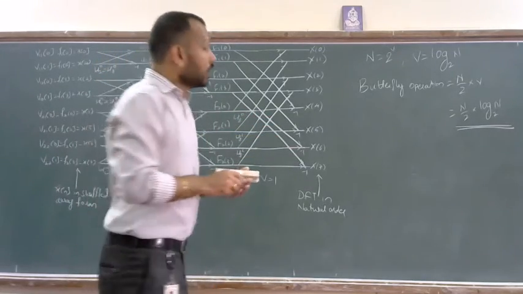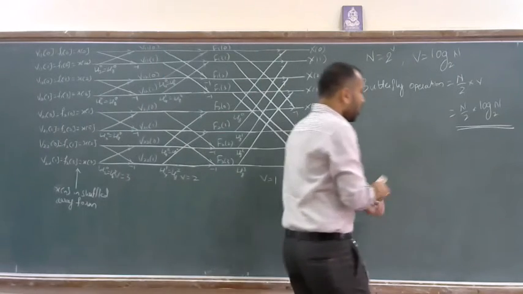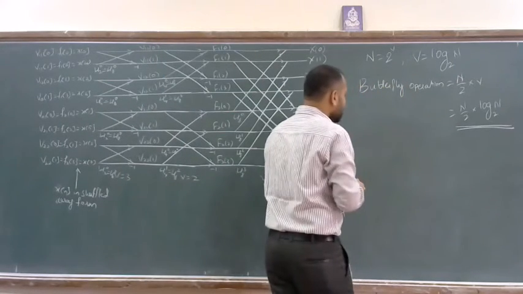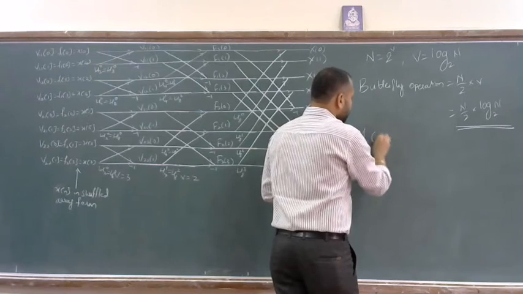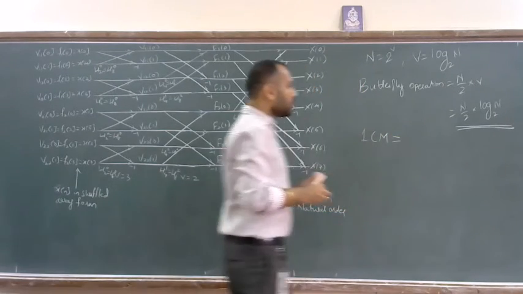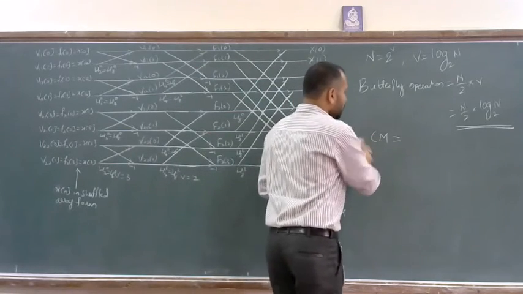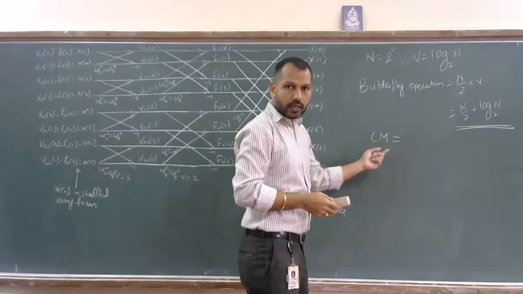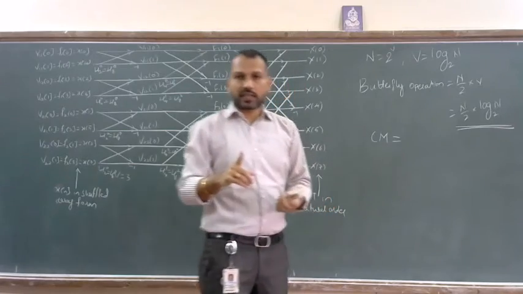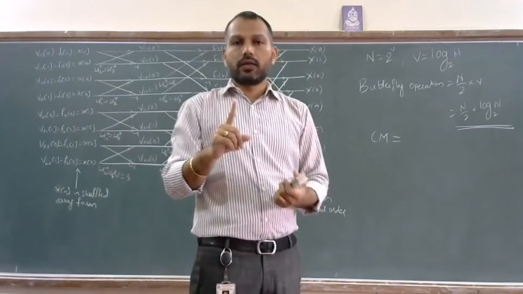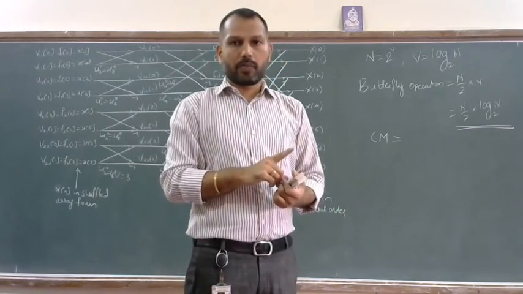Okay. So based on this, how many complex multiplications are required? CM stands for complex multiplication. Each butterfly structure requires one complex multiplication.